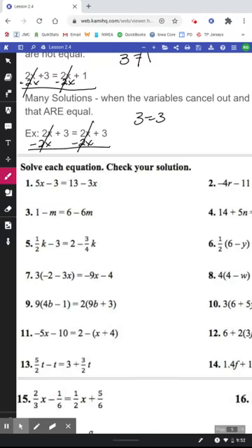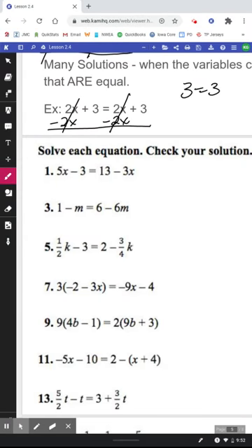Okay, so for our number 1 here, we have 5x minus 3 equals 13 minus 3x. So again, we don't have any distribute on this one. So we're looking for next combine like terms, and we usually try to always move x to the left. So I'm going to plus the 3x here to move it over underneath the 5x.